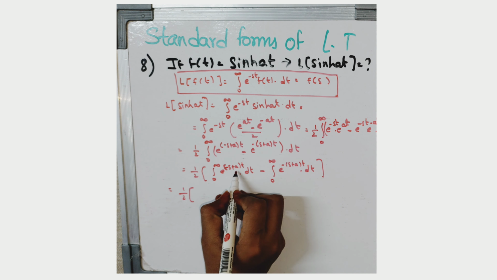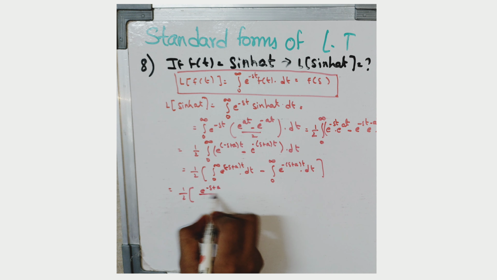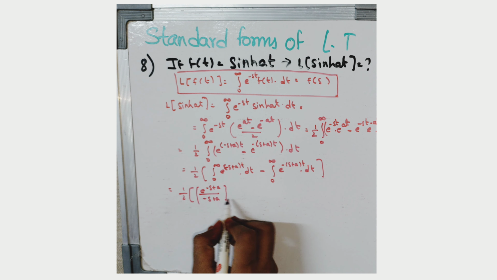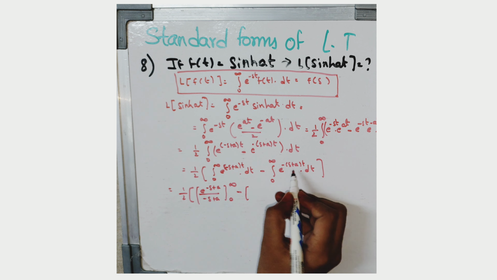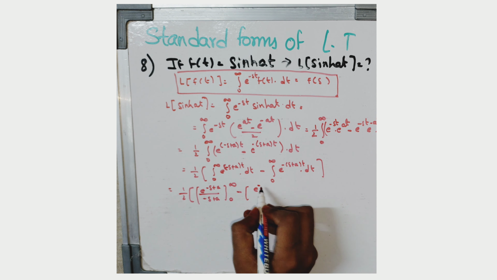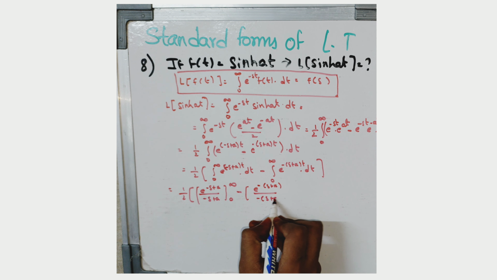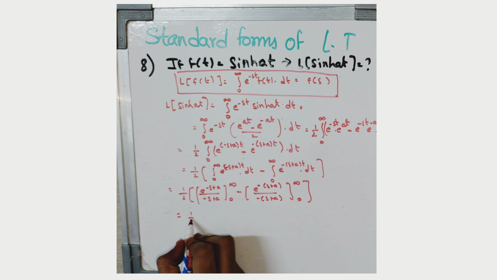So e power minus s minus a into t by minus of s minus a, and apply the limits 0 to infinity, minus again this one, integral of e power at is e power at by a, so e power minus s plus a into t divided by minus of s plus a, apply the limits. Now we have to apply upper limit minus lower limit, right?